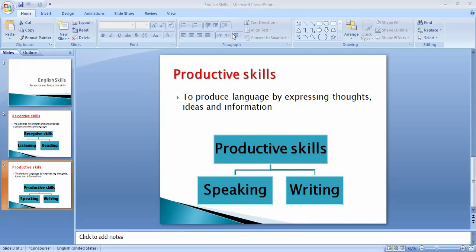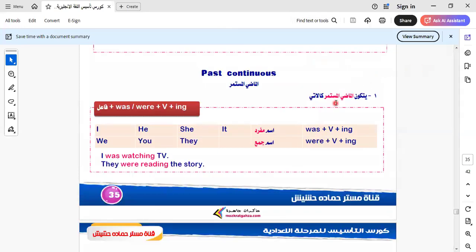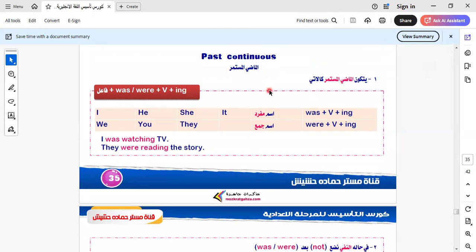Let's go to our lesson today. Our lesson today is the past continuous tense. What is the past continuous tense used for? It expresses an action happening in the past, but at a specific time.